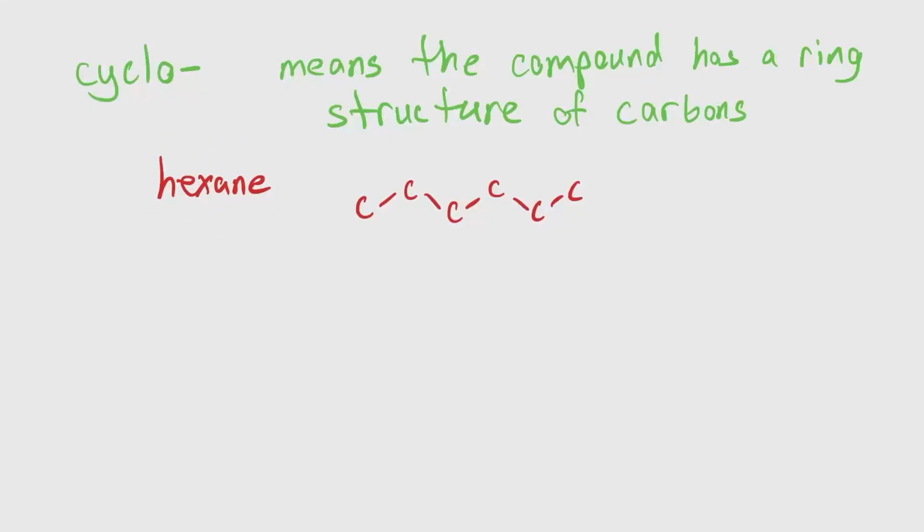If we have cyclohexane, then instead of being a chain, the carbons are bonded to other carbons in a loop or a ring. So that's the cyclo. Cyclo, like cycle, like something that's round.